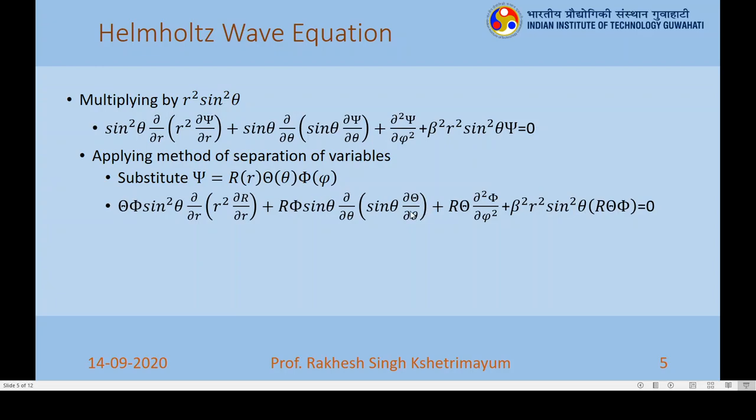Similarly, when I do the partial derivative of psi with respect to theta, only capital Theta is dependent on theta. R and capital Phi can be taken out. And when I do the partial derivative with respect to phi, only capital Phi will be differentiated, and capital R and capital Theta can be taken out. They're independent, just like a constant. So the wave equation simplifies after applying the method of separation of variables.